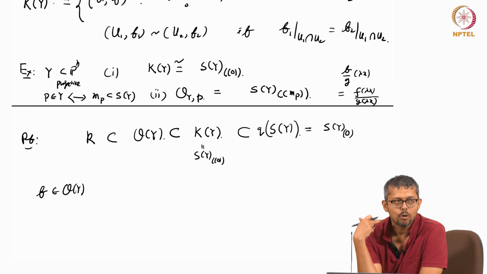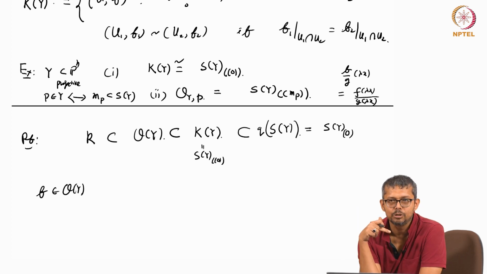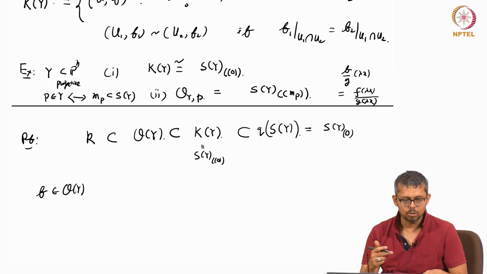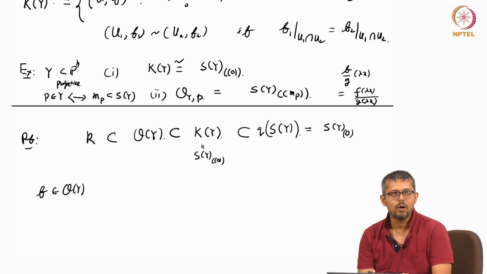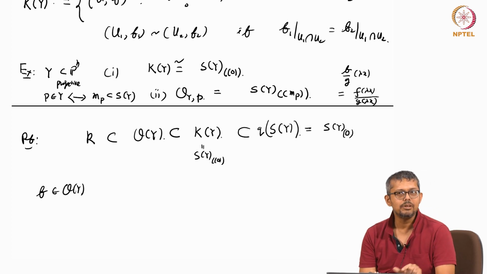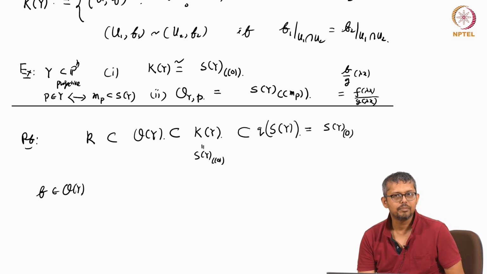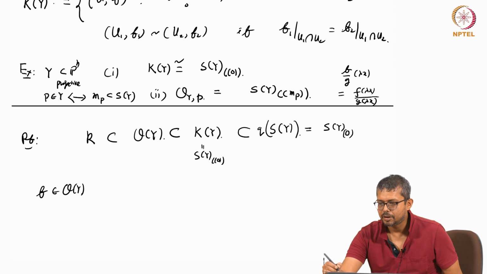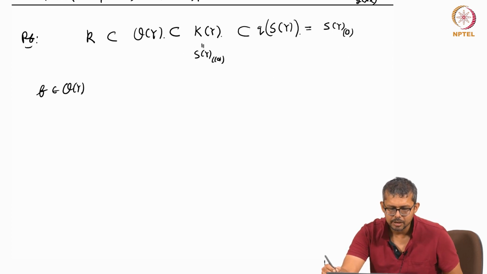Because a polynomial over an algebraically closed field has roots inside K. So that is the aim: I will show that if I take an element f in O_Y, then this f is algebraic over K or integral over K.